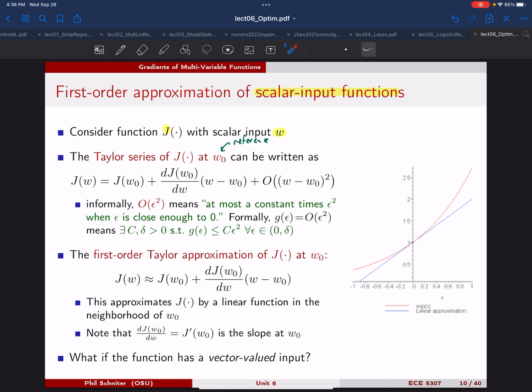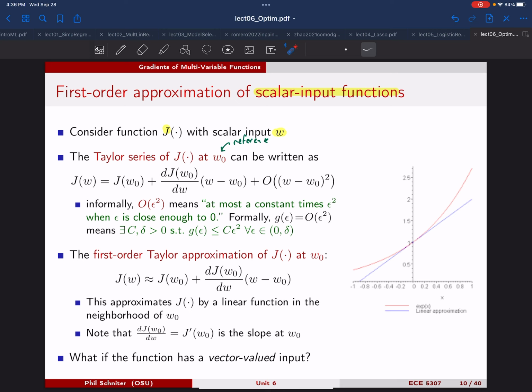If you remember your Taylor series, you would have a quadratic term, like the second derivative times this squared, plus the third derivative times this cubed, and so on and so on, all the way up to infinity.